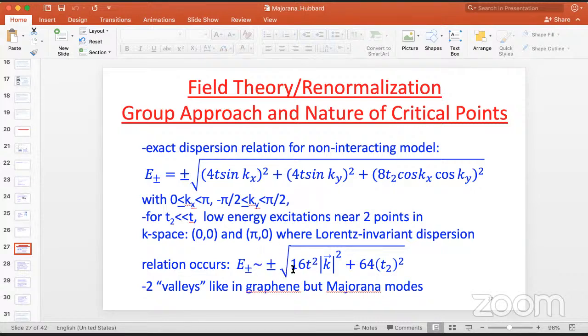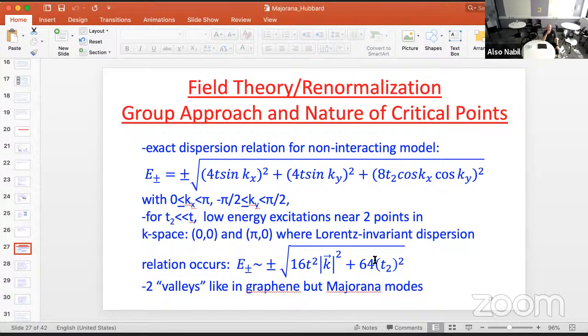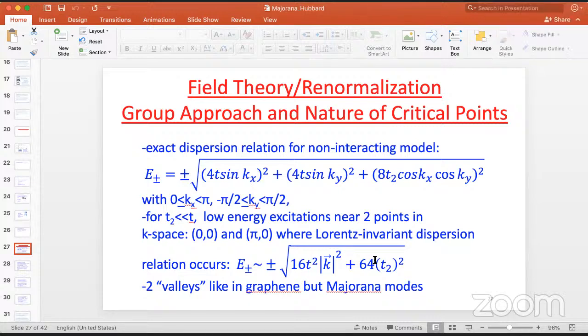So the fermions are gapless if T2 is 0, but if T2 is non-zero, we get a gap. It becomes massive. This is a non-interacting model, right? This is non-interacting, but the interactions are irrelevant if they're weak enough, so we renormalize to this phase if G is small enough.